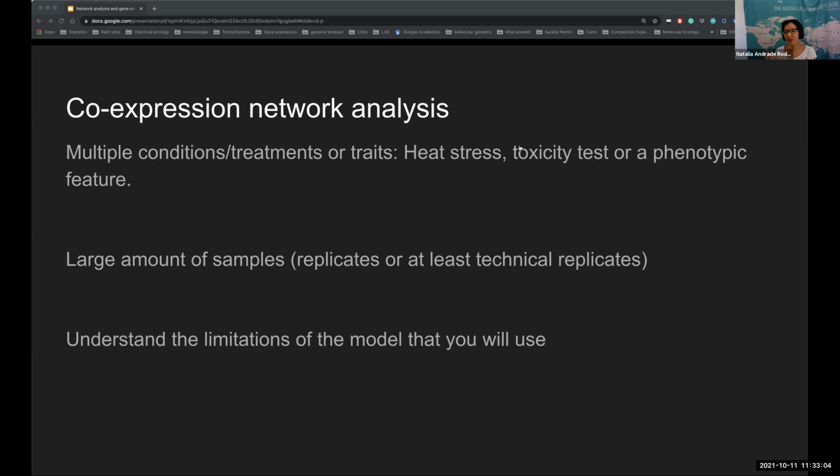That is a huge issue, because it means that the whole interaction between your genes is not true, basically. So it's very nice and easy to find these connections, but the necessity of biological validation is crucial.